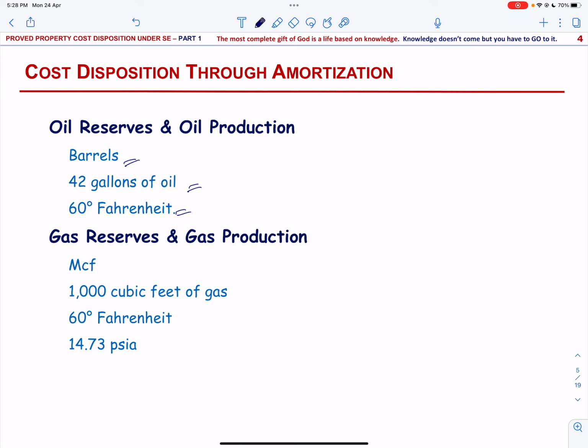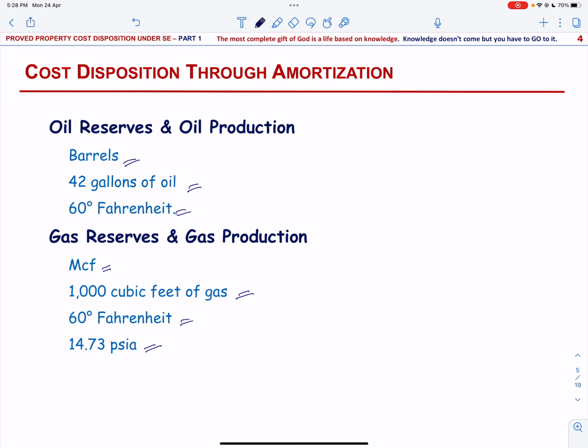Gas reserves and gas production are measured in terms of MCF, that is thousand cubic feet. An MCF is 1000 cubic feet of gas measured at a temperature of 60 degrees Fahrenheit under pressure of 14.73 psia, pounds per square inch absolute.